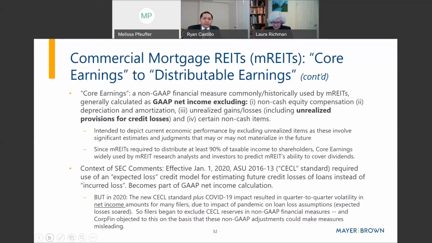But then the adoption of the new CECL standard at the start of 2020, combined with the COVID impact, resulted in significant volatility in net income amounts for many companies due to the impact of the pandemic on loan loss assumptions. So because of this, expected losses soared. So what filers did was they began to exclude the CECL reserves in their non-GAAP measures. And CorpFin said, wait a minute, we object to that because those adjustments could make the measures potentially misleading.